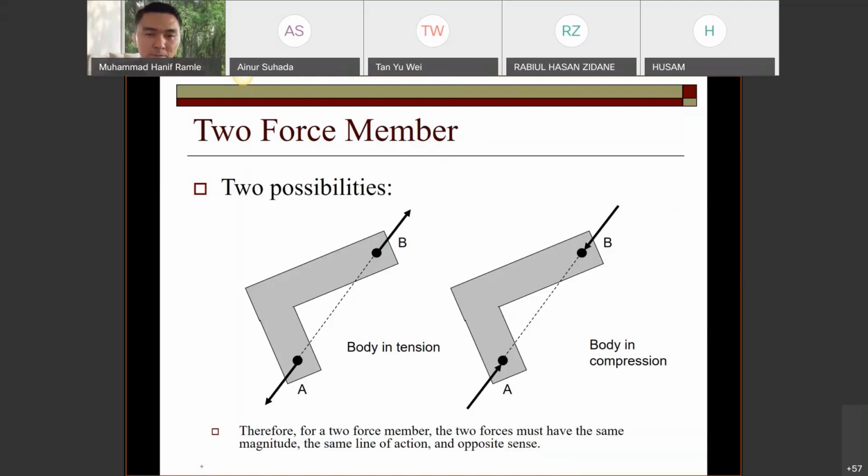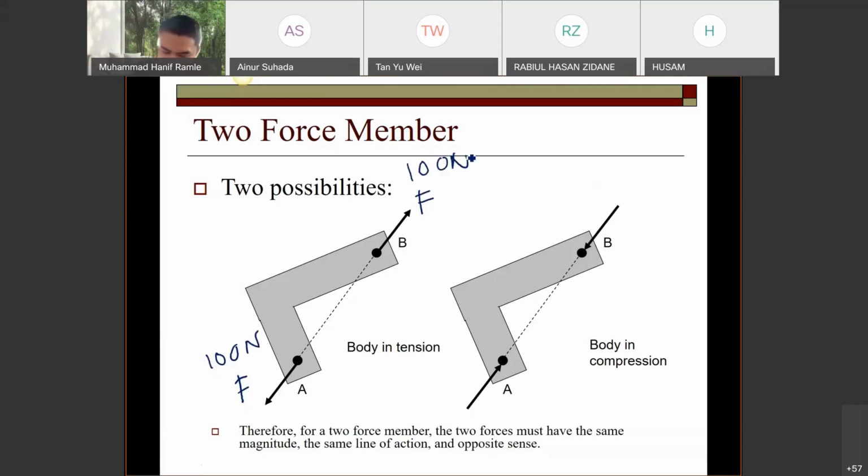Therefore, for a two force member, the two forces must have the same magnitude. As I mentioned just now, this force should have the same magnitude. Let's say 100 Newton, this one is 100 Newton as well.